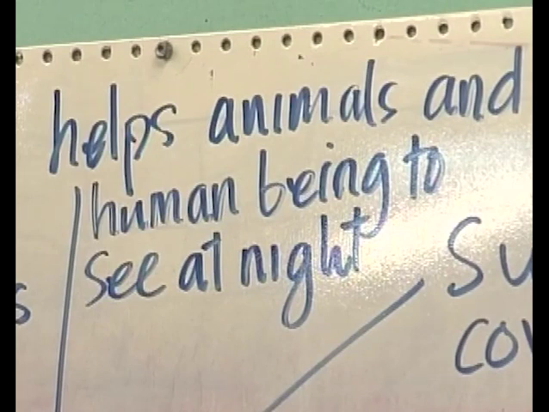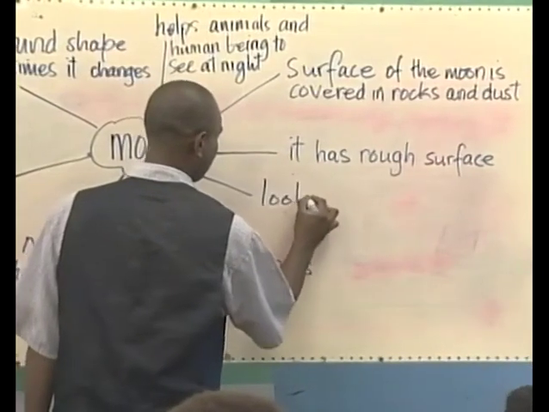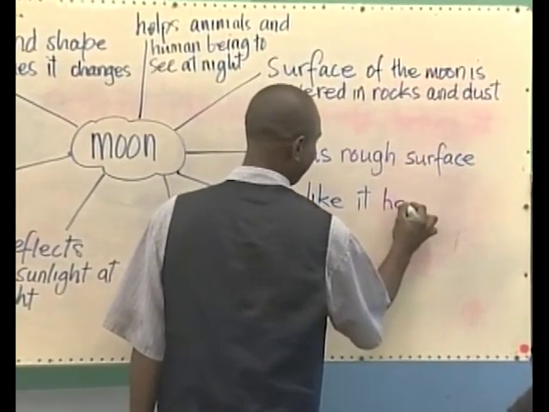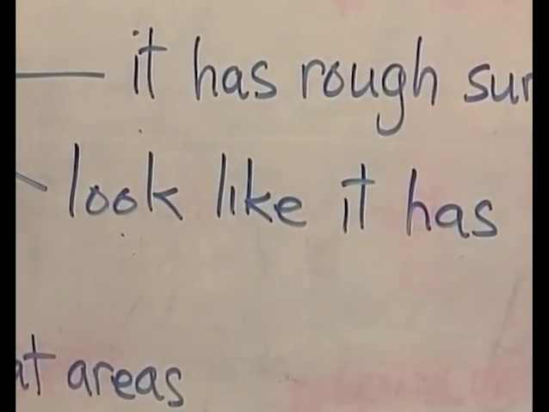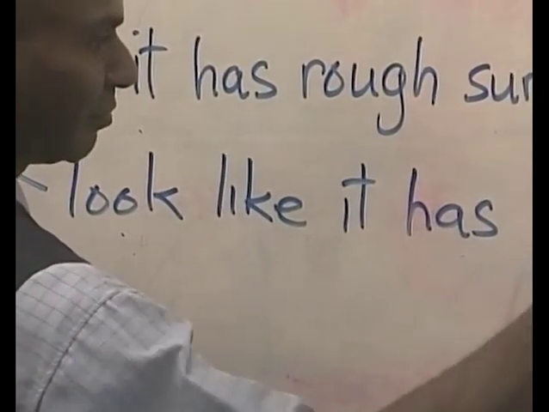The last group, thank you very much, boys and girls. The moon looks like it has black spots.